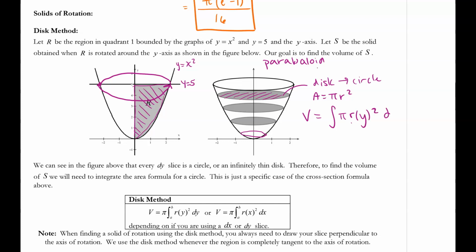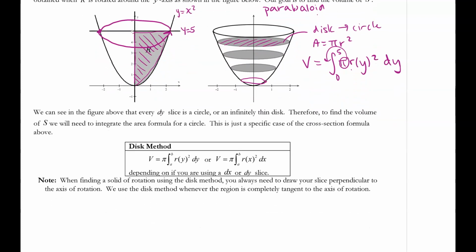And then we said this is again a dy slice, so our disks are dy. And we would integrate this one from 0 to 5, going back to that original problem. I'm not going to do this particular one, but as you can see, we could always pop out the pi and put it out front since pi is a constant.